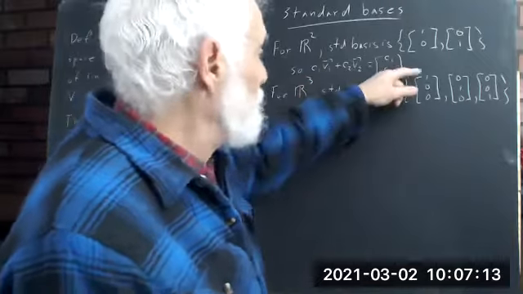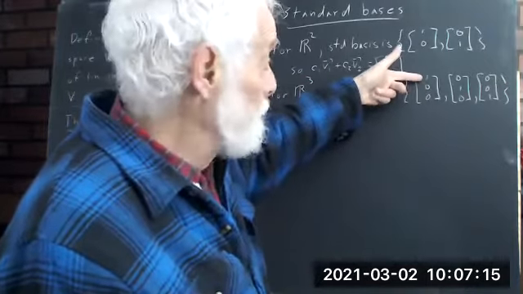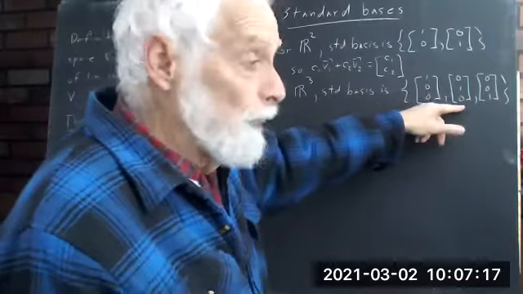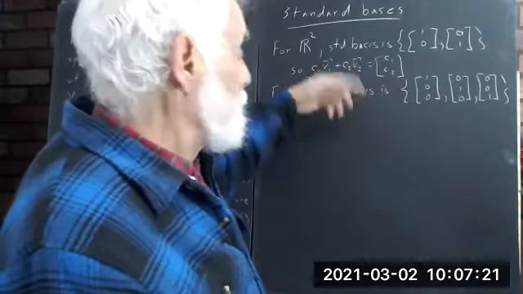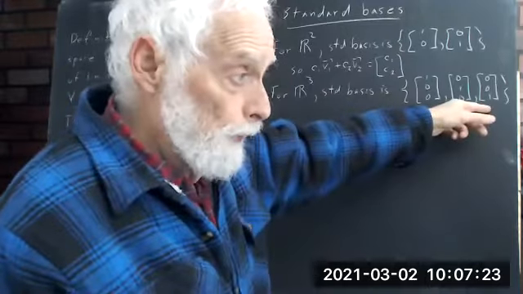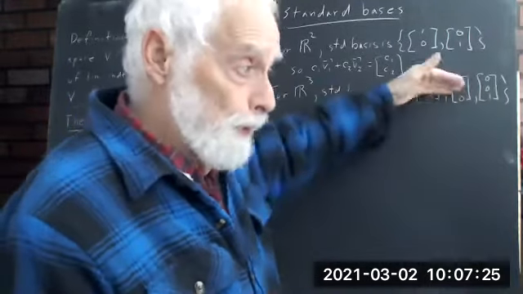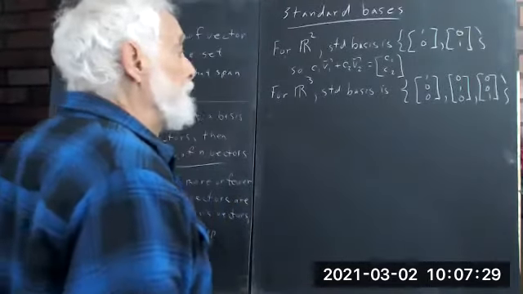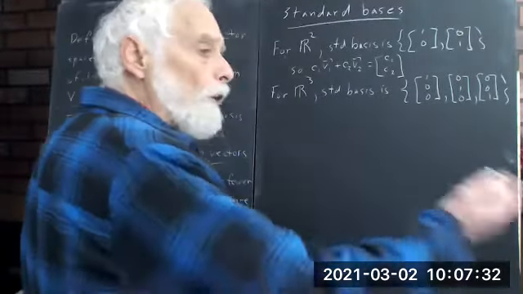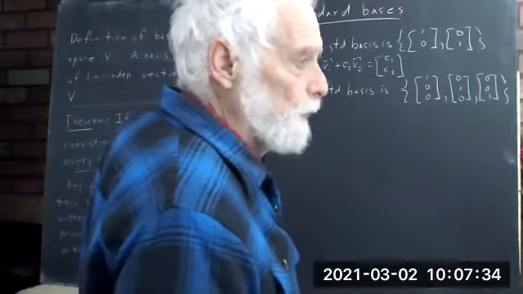Because C1 times this is going to give you the C1 up here. C2 times this vector is going to give you C2 in the second row. And C3V3 is going to give you C3 in the third row. So when you add these up, you get C1, C2, C3. All the standard bases are equally simple.